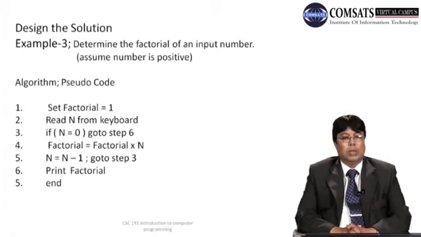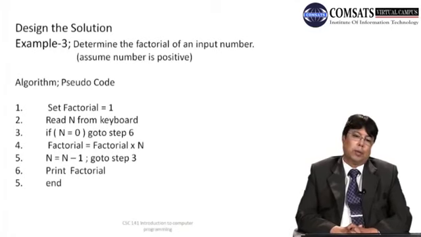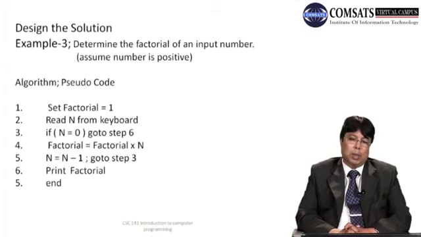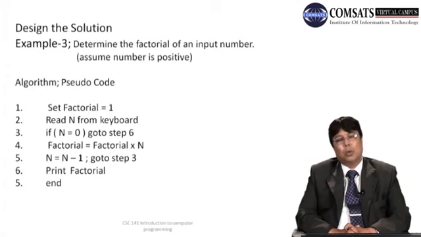Okay, so let us develop the algorithm pseudocode for computing the factorial of a number. Here I would like to caution you that when you write your program for computing the factorial, please do not use n with a very large value.